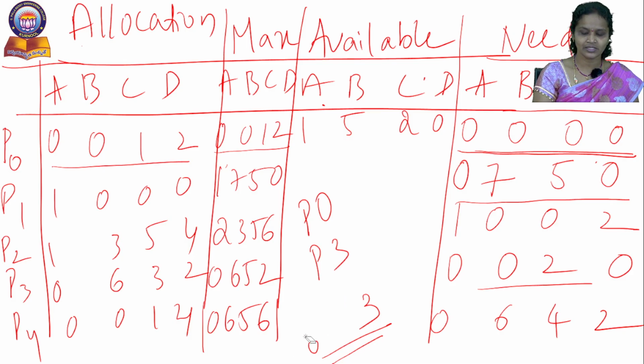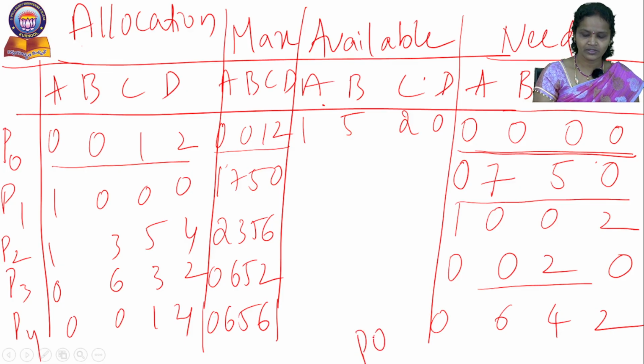So let us start with process P0. If we start with process P0, what is the meaning of this? We have assigned, that means process P0 has started its execution and it has completed its execution.